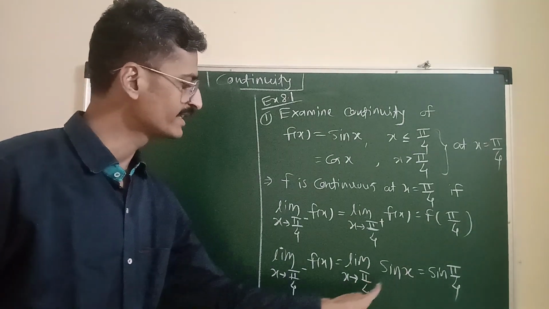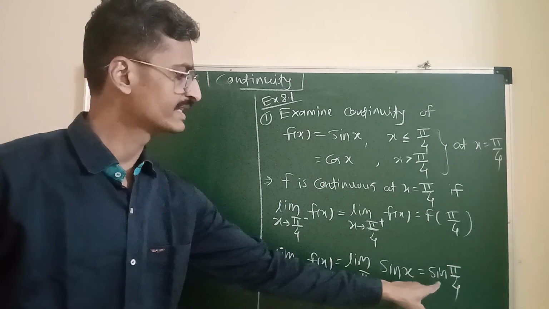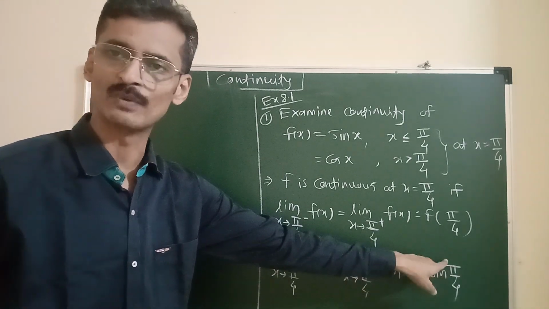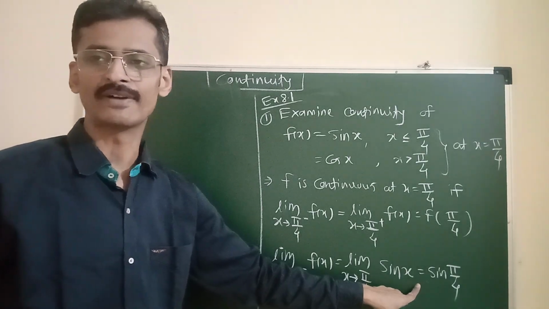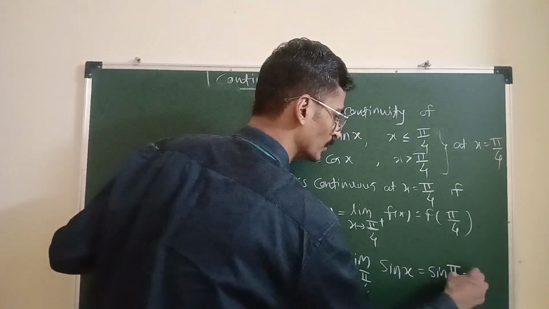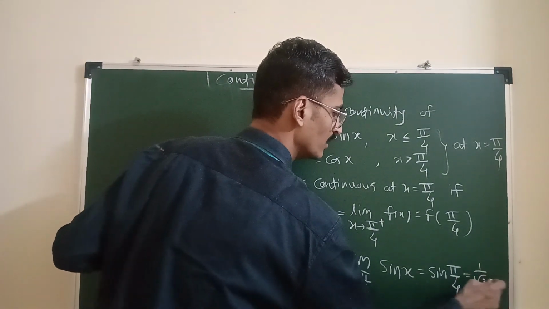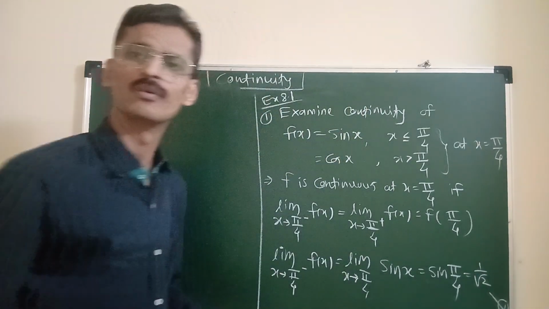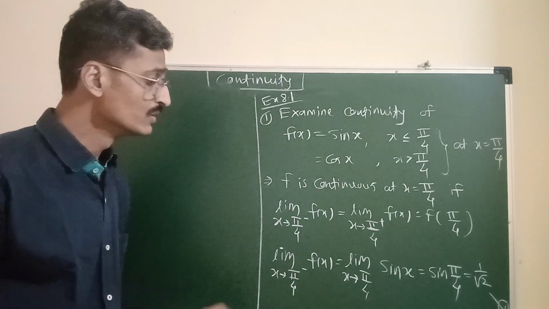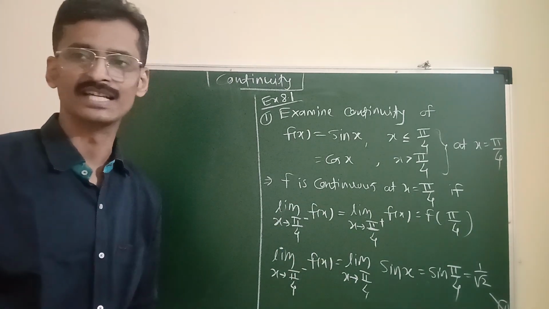Pi means 180, by 4 is 45, and we know sine of 45 is 1 by root 2. Write this as equation 1. So this is our left hand side limit.